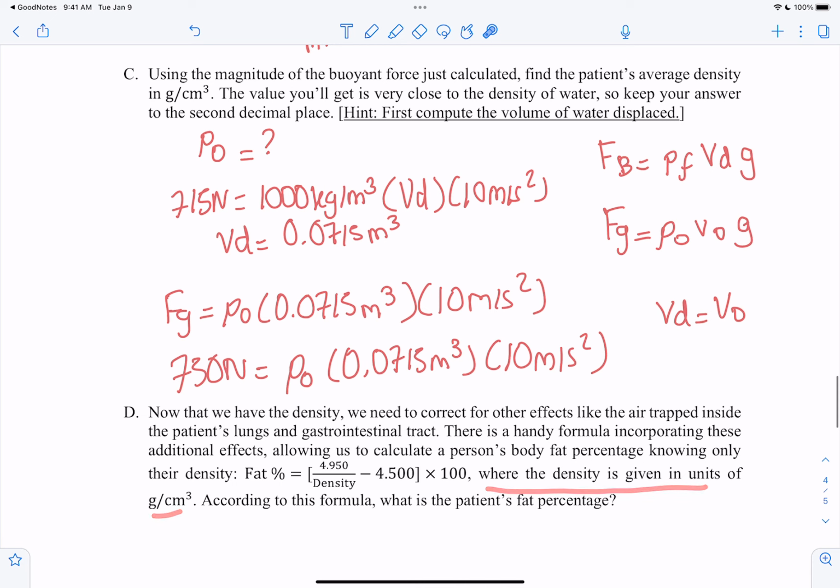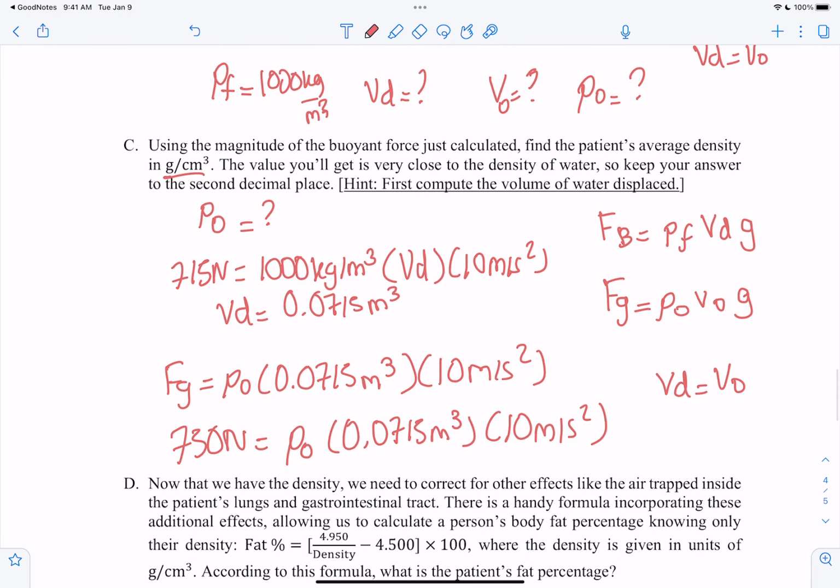I just realized for part C, we never even calculated what the density of the object is. So I'll just expedite things real quick. What you get here for your density of the object, since we're using kilograms per meter cubed, is an answer in kilograms per meter cubed. But then you need to convert it to grams per centimeter cubed.